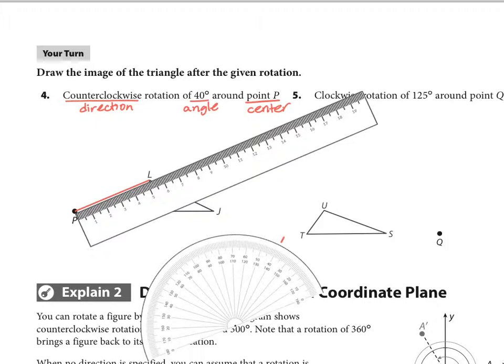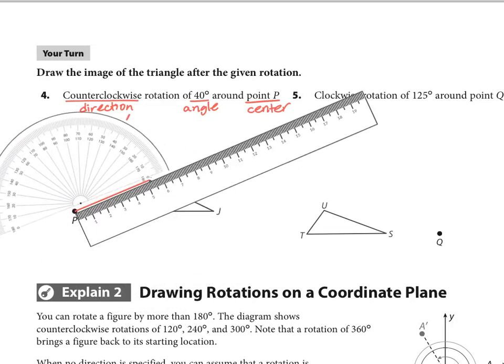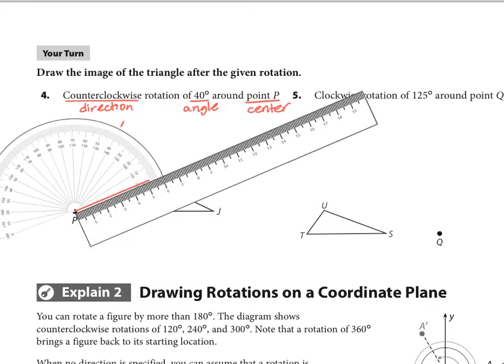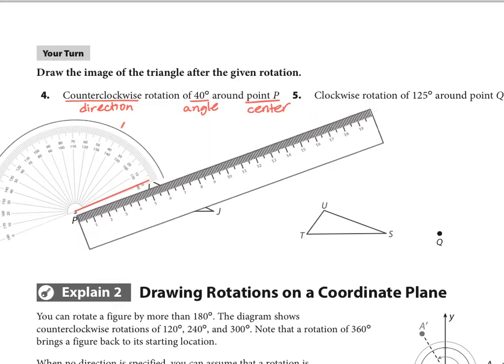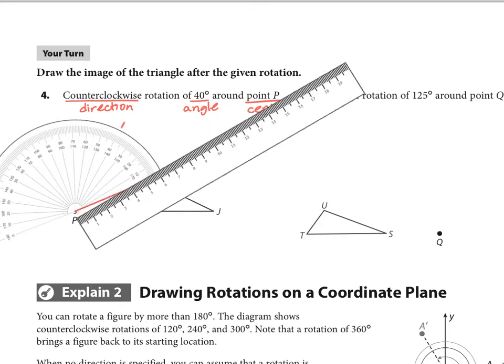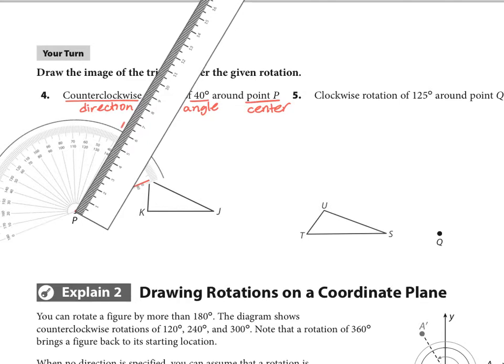It looks like about 5.2 using my ruler, which means on this protractor here, it's going to be a little challenging, but I want to go about, again, 5.2 inches this way.